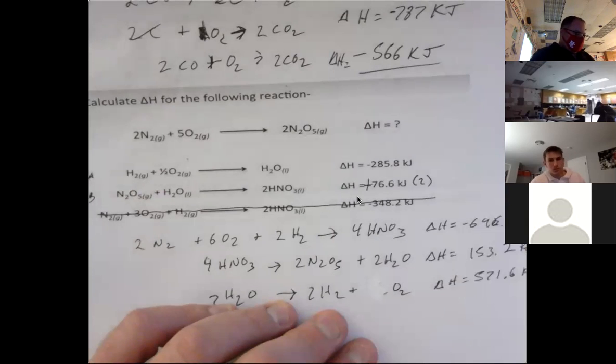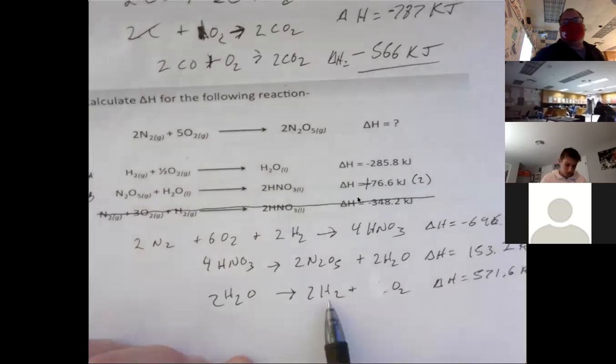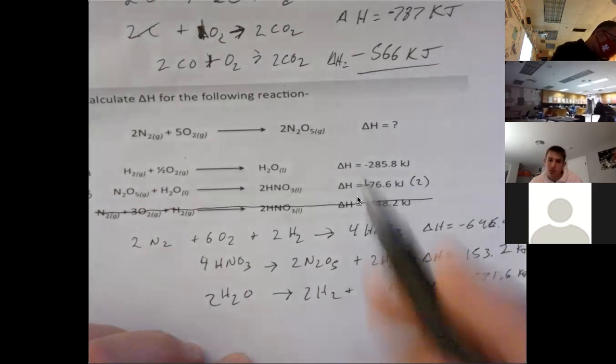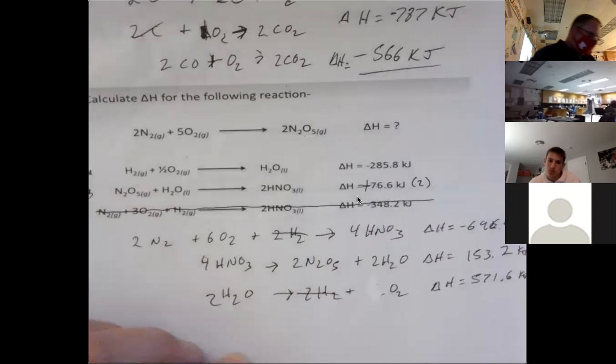What do you see that cancels out first? Lark, you picked something up. Davis is going to come to the rescue. Go ahead, Davis. The H2, two H2s. What else? The 4HNO3s.